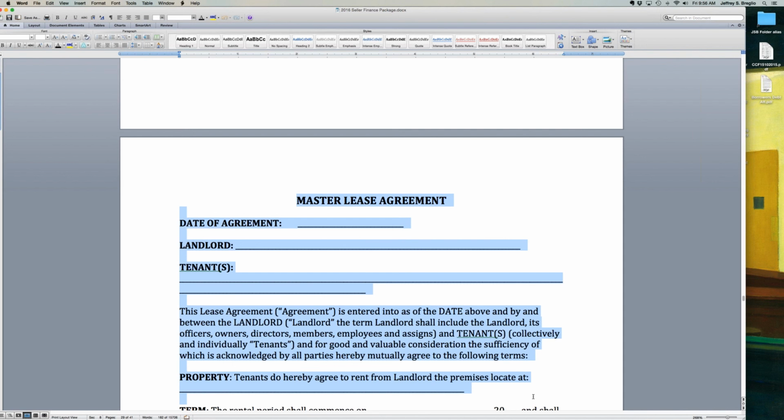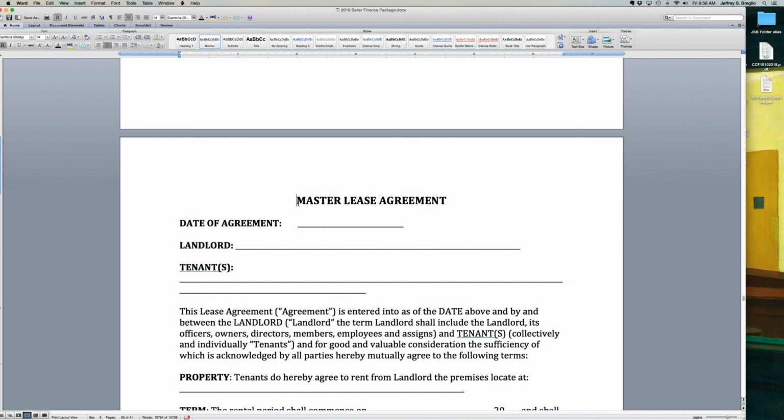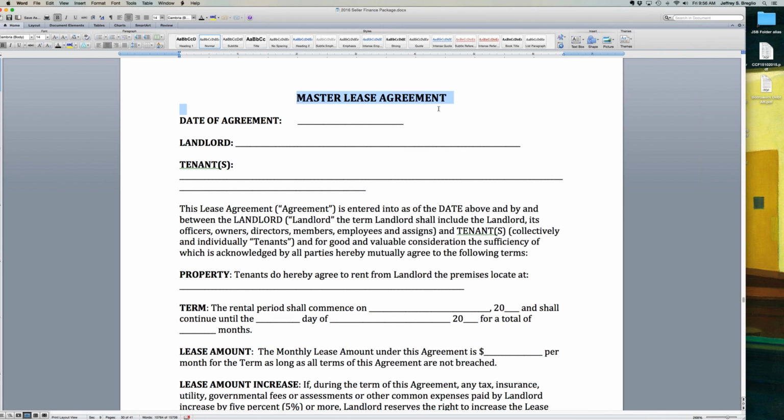This is a master lease agreement. Okay. It's just a lease agreement. And the difference between this and a regular lease agreement is this one allows subleasing. That's what a master lease agreement does. So if you are the buyer or the tenant in a lease option, you want to sign this one with the seller, right?